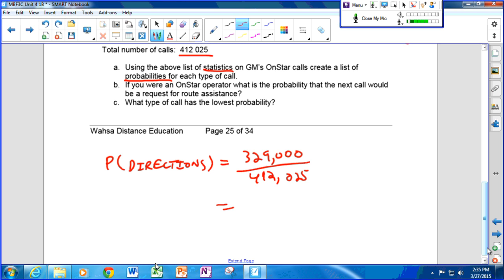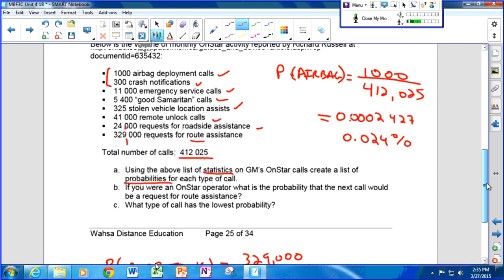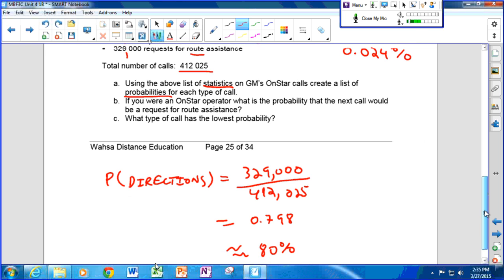So if you were an operator at the OnStar Center, 329 divided by 412.25 is 0.798, or approximately 80%. So 80% of the calls that you're going to get as an operator for this OnStar service are going to be for a "help, I'm lost" type question.